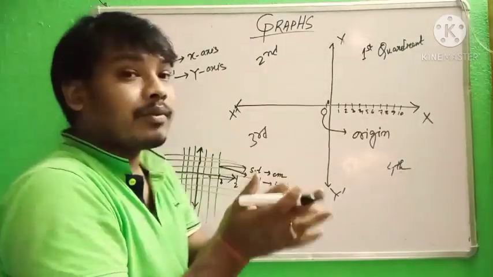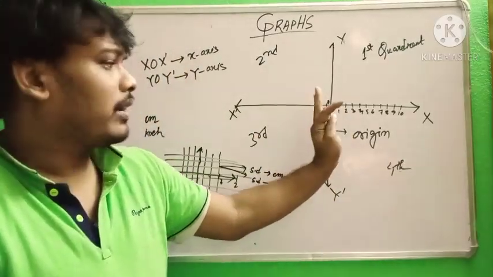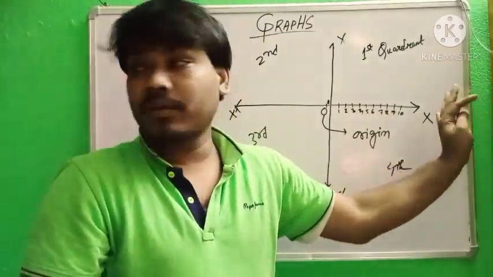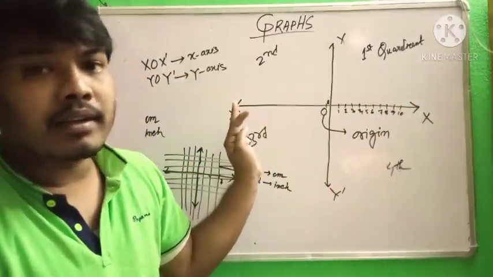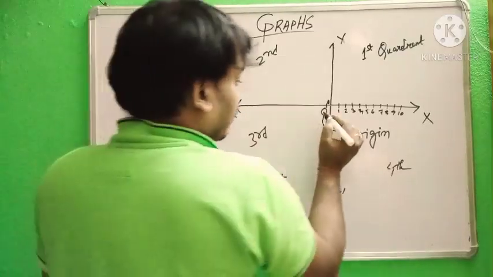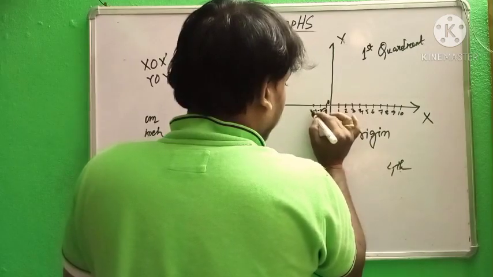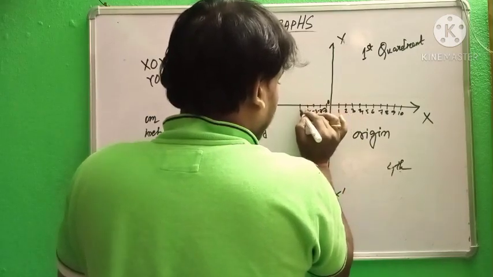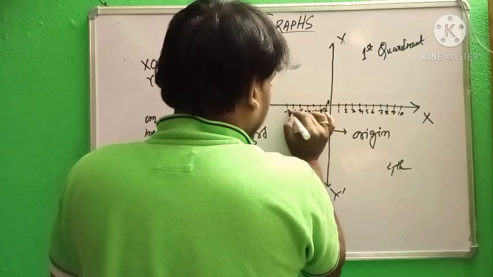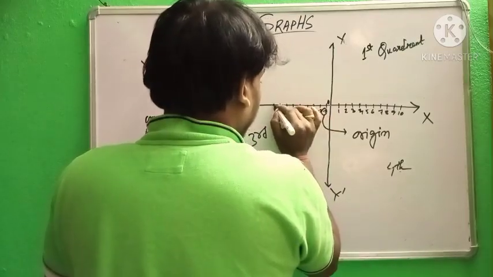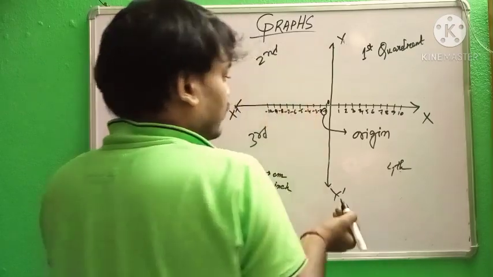In a number line we have already seen that the middle point is 0, and we write the positive values on the right side and the negative values on the left side. So on the left side -1, -2, -3, -4, -5, -6, -7, -8, -9, -10. Okay, in this way.